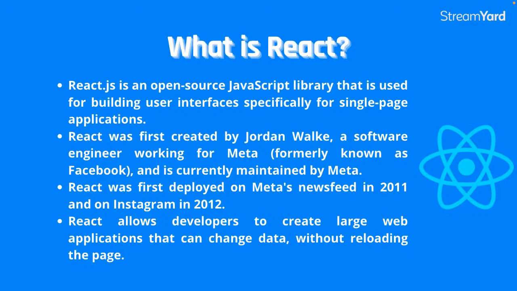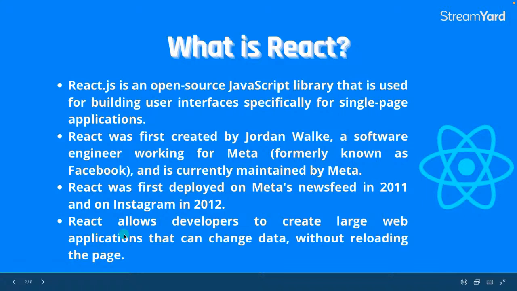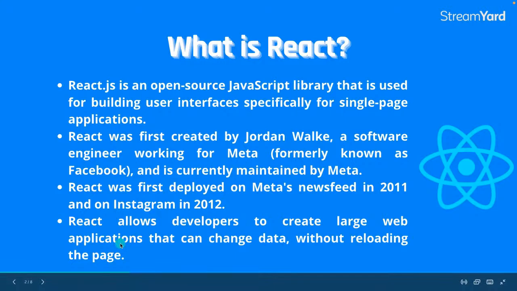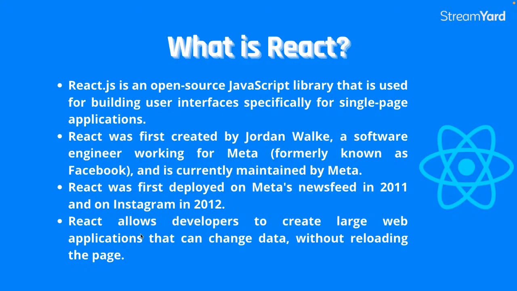React went into the limelight in 2011 in Facebook's newsfeed, and later in 2012 it was used in Instagram. React allows developers to create large web applications that can change data without reloading the page. This is one of the important features of React which makes it unique from other JavaScript frameworks like Angular or Vue. Svelte is also new to the market.